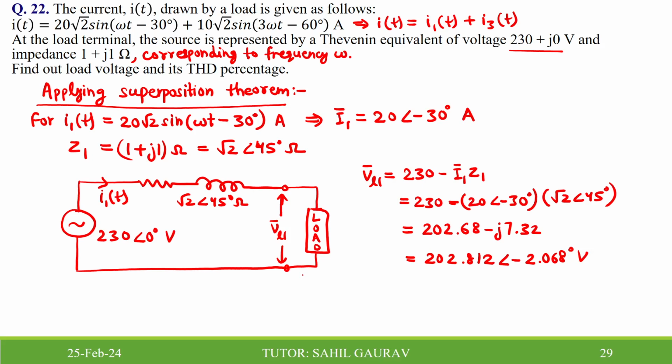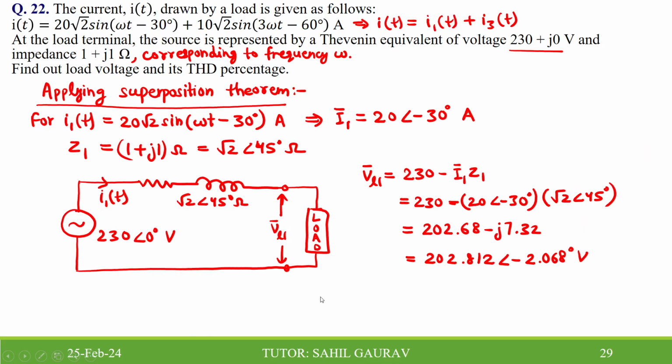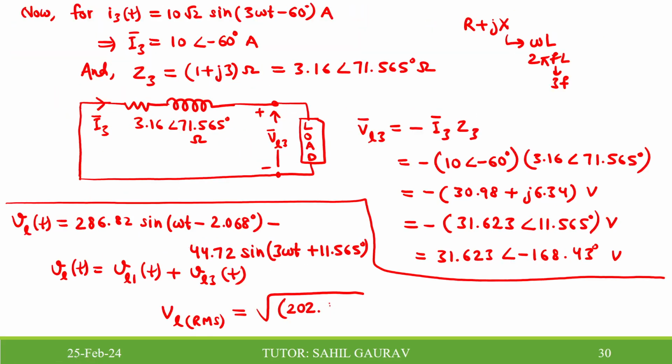For the first component, the RMS value is 202.812 squared, and for the third harmonic component, 31.623 squared.